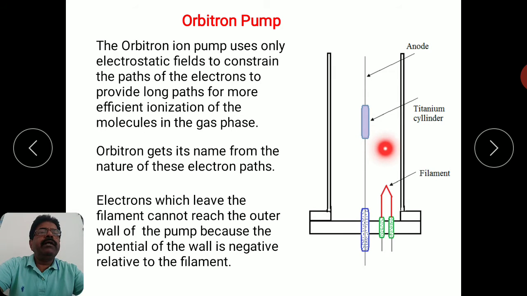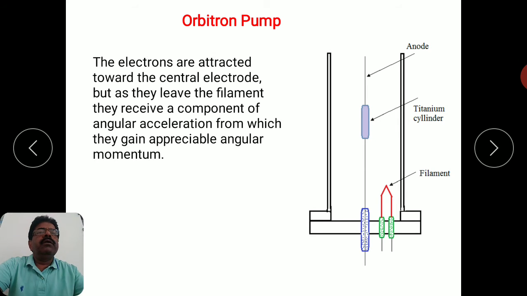The anode, you know, is kept at a very high positive potential. You can see here that at certain places of the anode, titanium cylinders are fixed to it. The electrons are attracted toward the central electrode, that means the anode, but as they leave the filament here, they receive a component of angular acceleration.